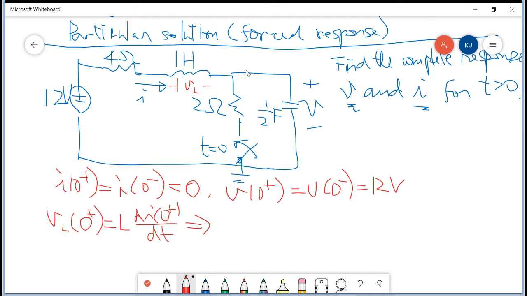So we can find that dI(0+)/dt is VL(0+) over L. And VL(0+) is actually 0.